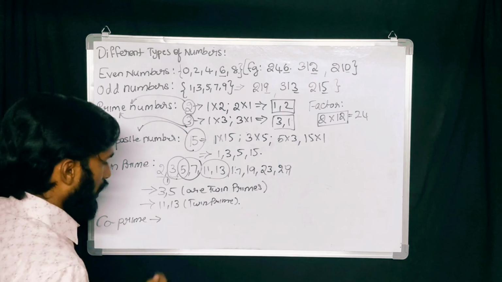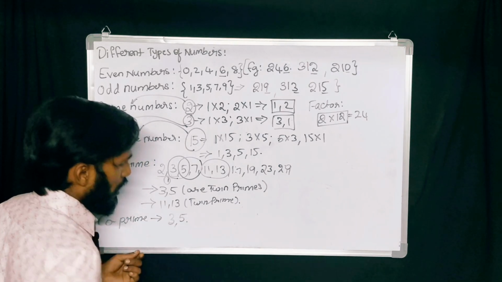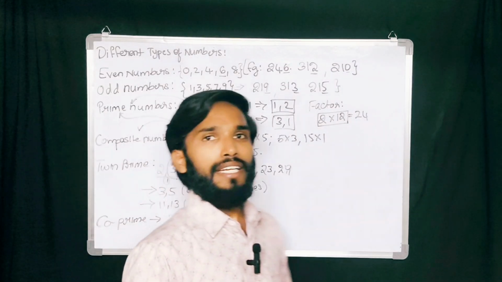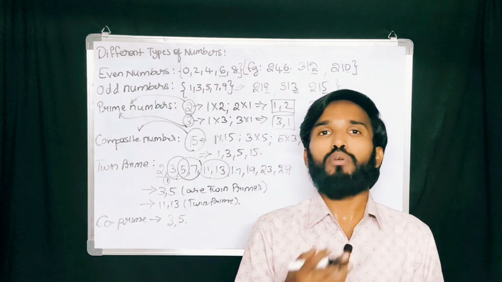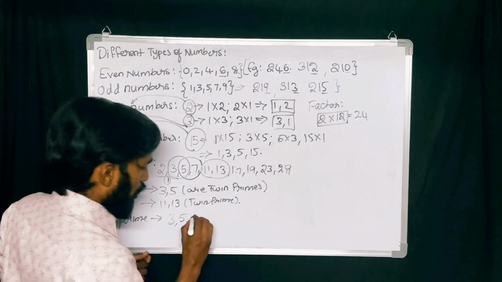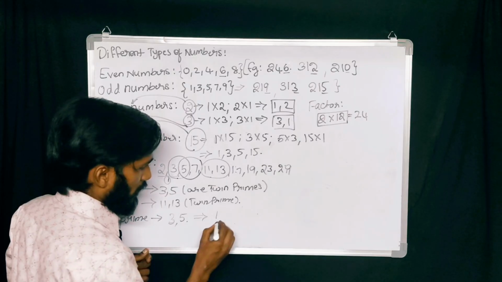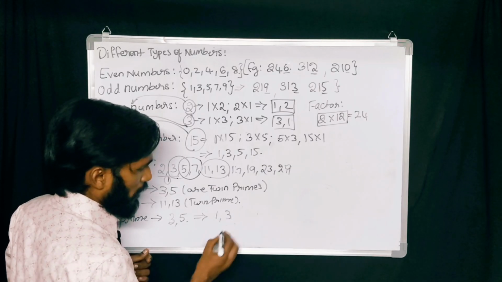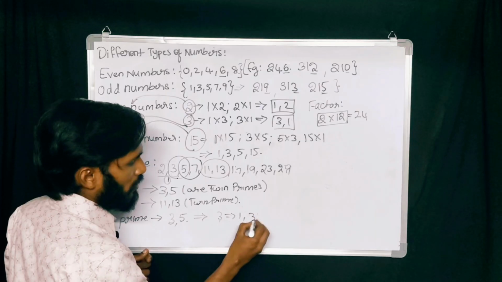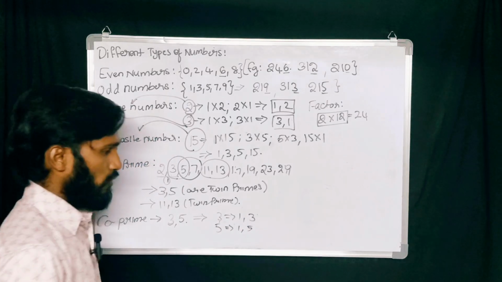For example, take 3 and 5 and find a number which divides both. The factors of 3 are 1 and 3, and the factors of 5 are 1 and 5.